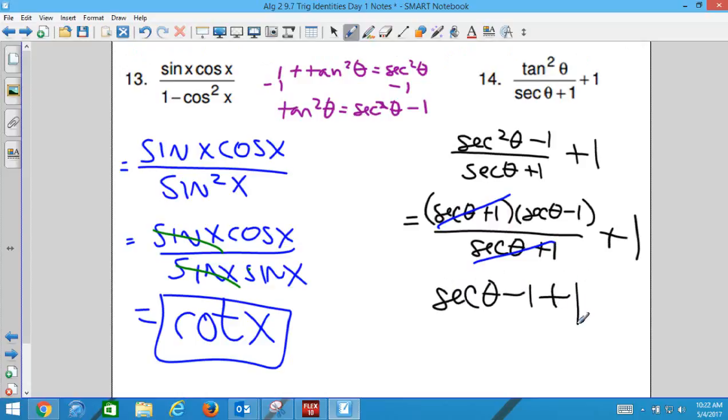So I get secant theta minus 1 plus 1. The answer is just secant theta.